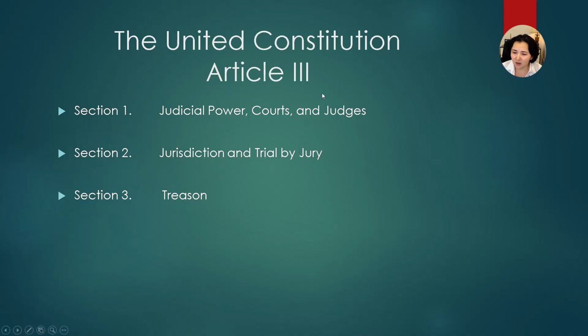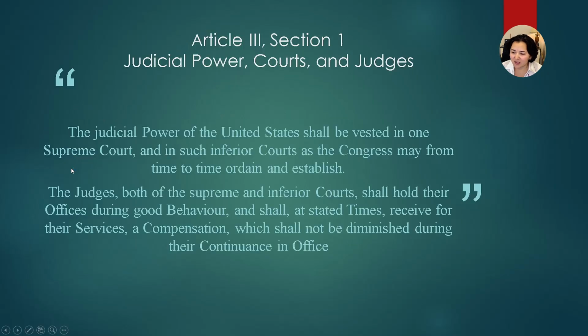To understand the judicial system, we must begin with the Constitution. The entire judicial branch is described in just one article. It is Article 3 of the U.S. Constitution, which contains three sections. Section 1 establishes that the judicial power of the United States shall be vested in one Supreme Court and in such inferior courts as the Congress may from time to time ordain and establish.